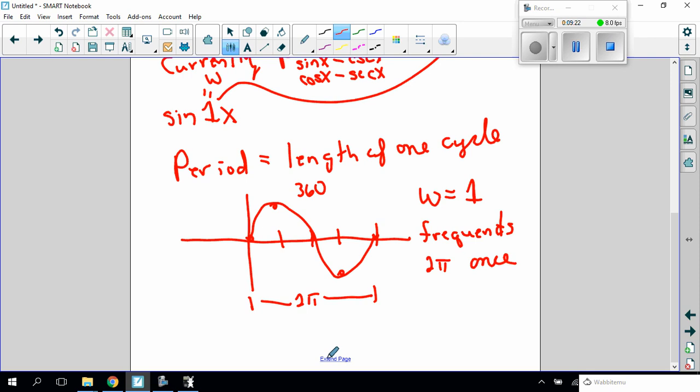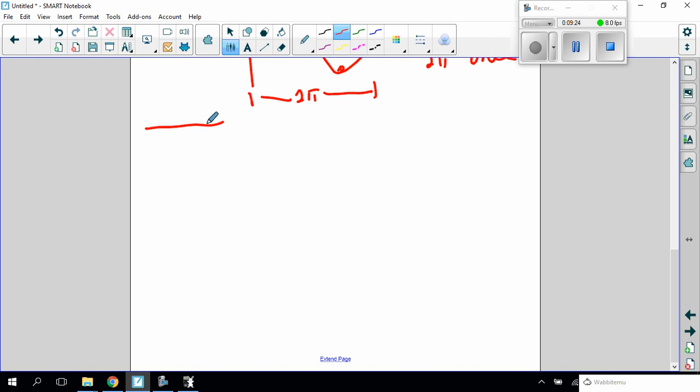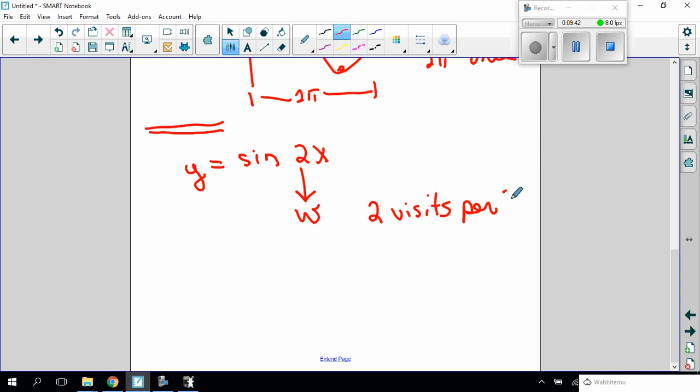Now, if you have y equals sine 2x, it just says that frequency is 2. That means 2 visits per 2 pi, or 2 visits per 360 degrees.